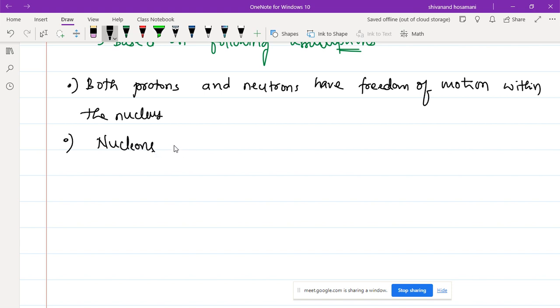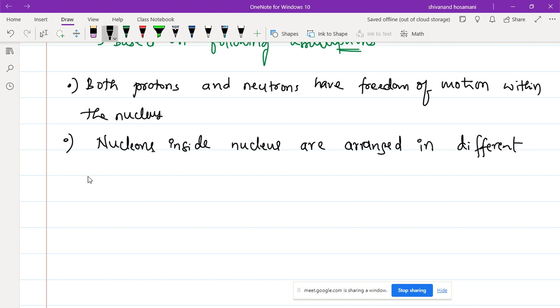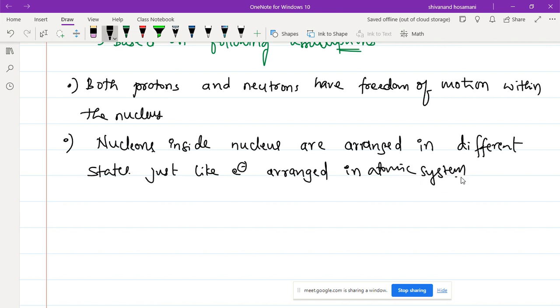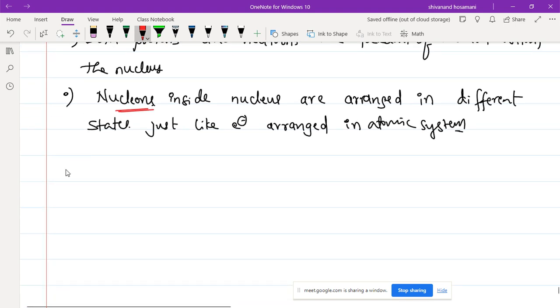Nucleons inside the nucleus are arranged in different states, just like electrons are arranged in an atomic system. In an atom, electrons are arranged in first order, second order, higher orders, or orbitals. Similarly, in the shell model, nucleons arrange themselves in different energy levels.